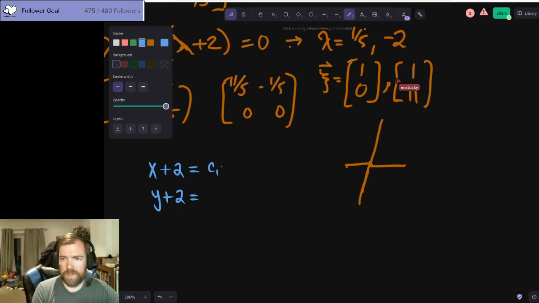Times e to the 1/5 t plus C2 e to the negative 2t, and this was a plus 11 C2 e to the negative 2t.